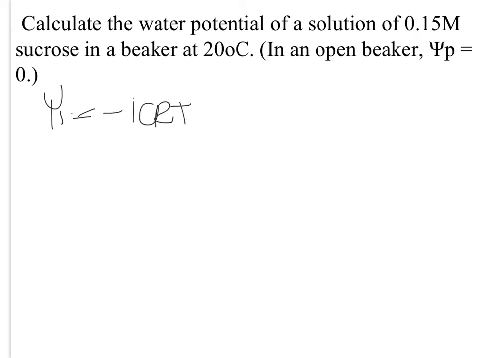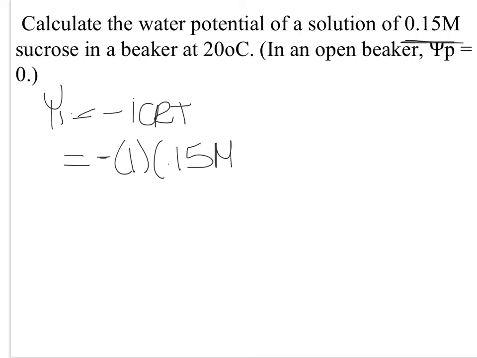In this case, our i is going to be 1 because we are working with sucrose, and sucrose does not break apart in water. Our concentration is based on what they tell us in our problem.